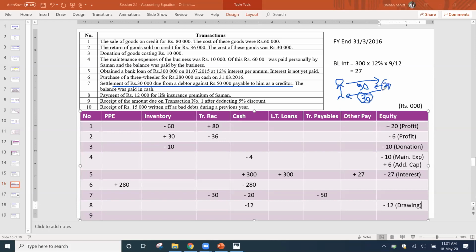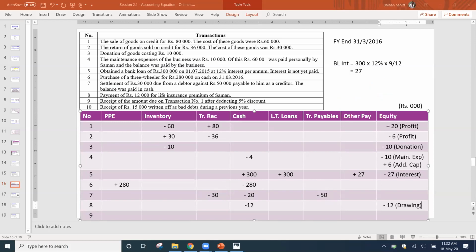We will tell him that since we purchased 50 and he has to pay 30,000, we set off this 30 against 50 and we need to pay him only 20,000. So that is why trade receivables, he is a debtor, deducted 30 and cash paid to him 20 and his total payable will be minus.